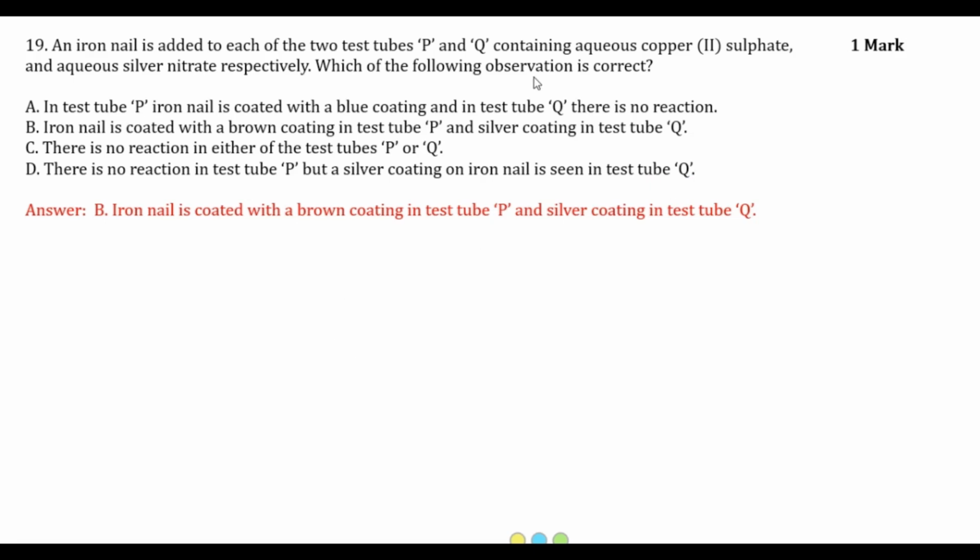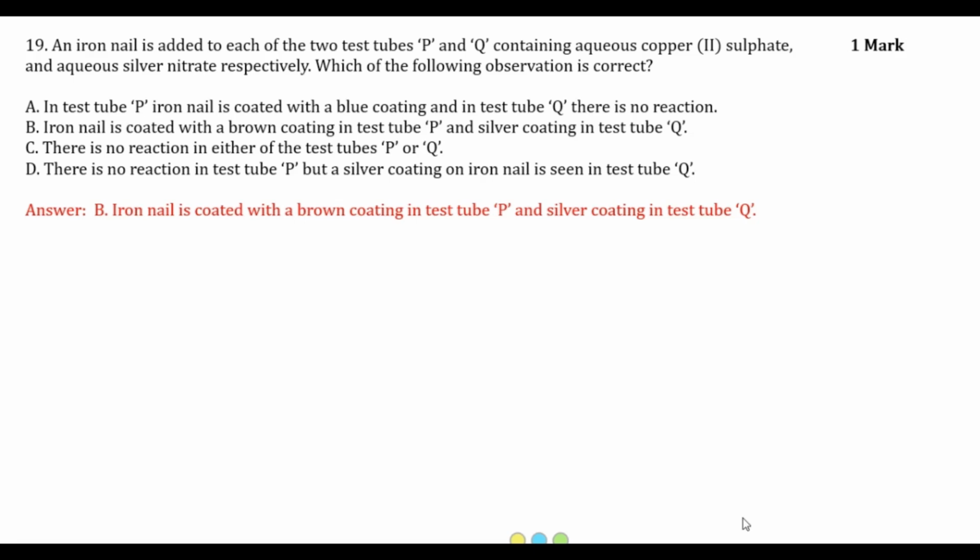So this is an example of a displacement reaction. In a displacement reaction, the more active metal or species will replace the less active species. We are going to apply the same concept, and for that we should know which is more active and which is less active, using the electrochemical series, in which the elements are arranged in decreasing order of their reactivity.